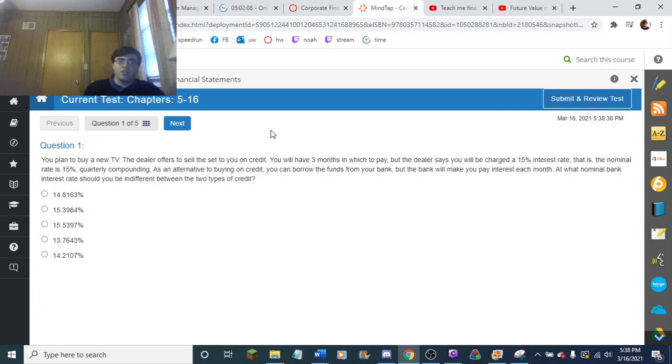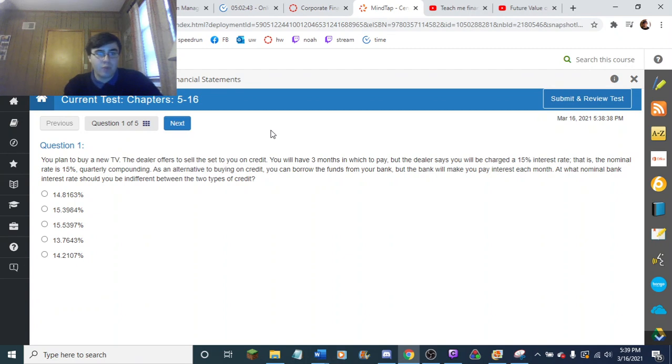So the nominal rate is 15% quarterly compounding. So, what is the effective interest rate? The effective interest rate, that's what we have to find. So what you do is second I conv nom. No, you go up to... Why are there 3 different options? Okay, we're trying to convert the 15% into the effective rate, and they have given us the fact that it's quarterly compounding.